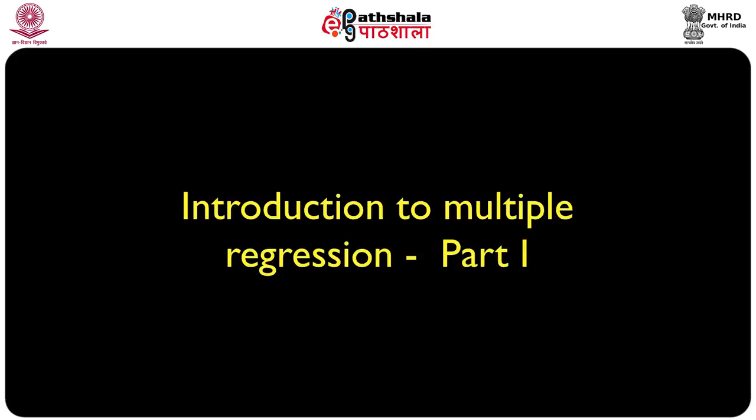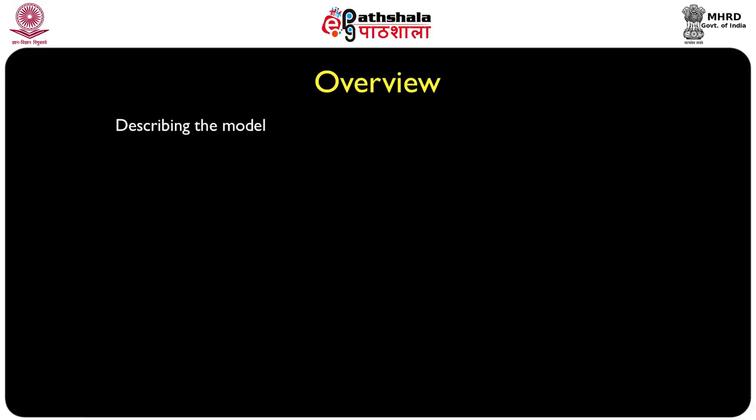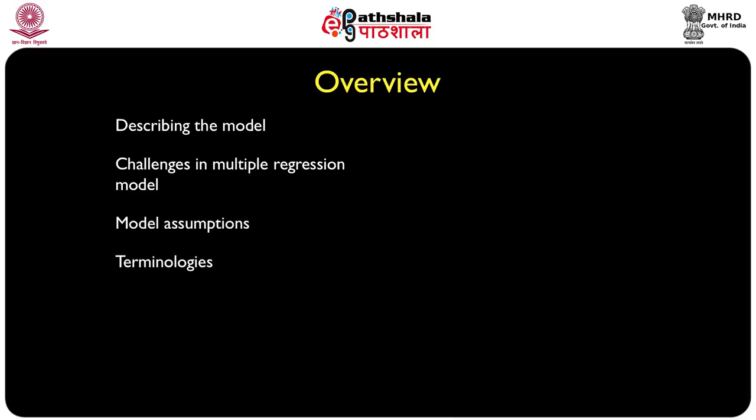This module is dedicated to Introduction to Multiple Regression Part 1. Here is a brief overview of this entire lecture. I will begin with a description of the multiple linear regression model as compared to the simple linear regression. I will discuss the challenges that we encounter in multiple regression model.